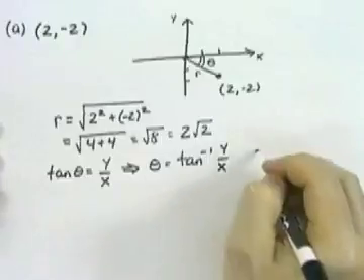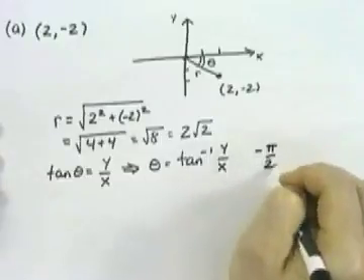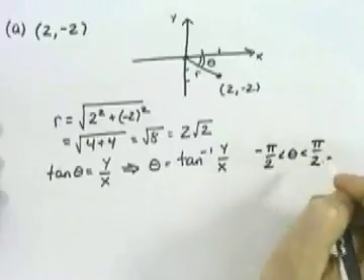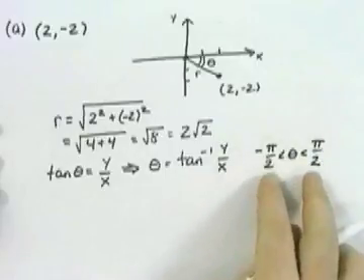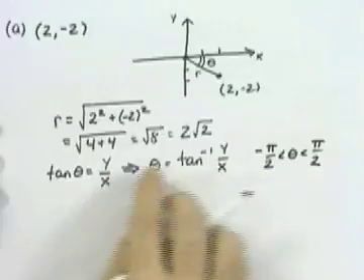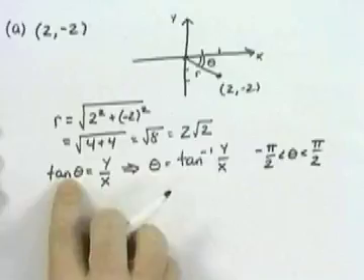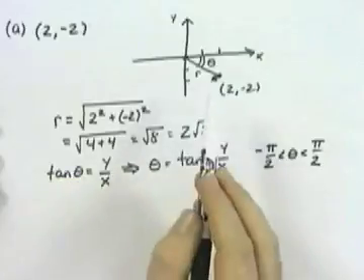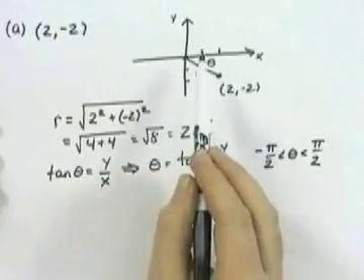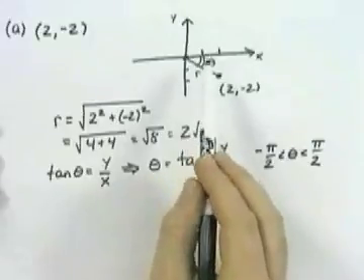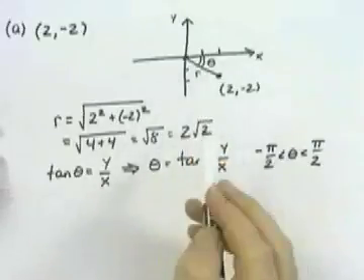Remember, the angle theta is going to be between -π/2 and π/2, because that was the restricted domain on the tangent function in order to make it one-to-one. In this particular problem we'll be okay, because we're clearly going to get an angle between -π/2 and 0, since I'm in the fourth quadrant.